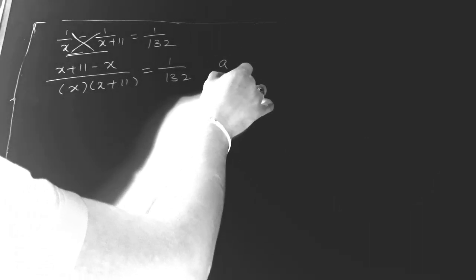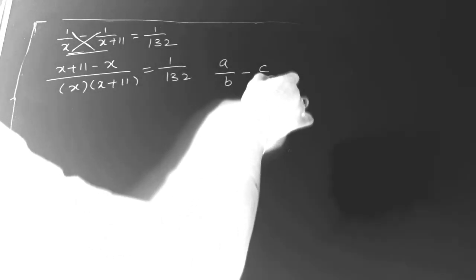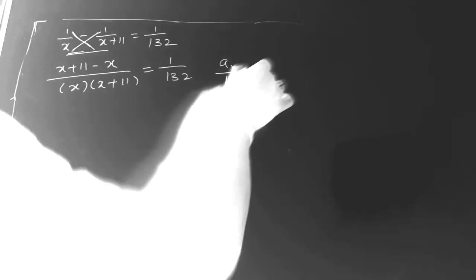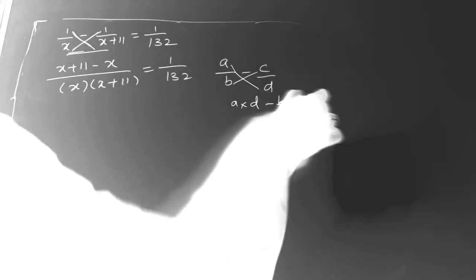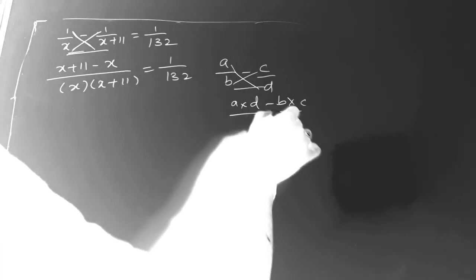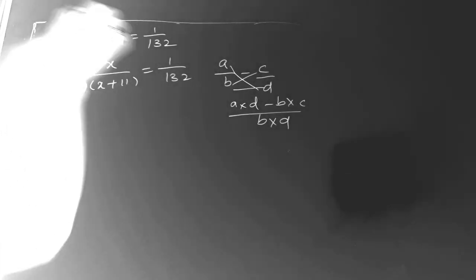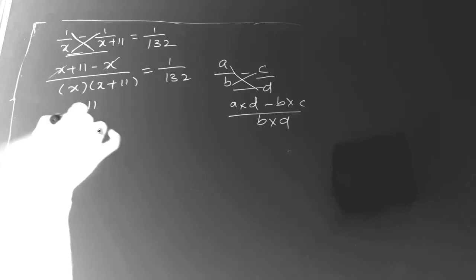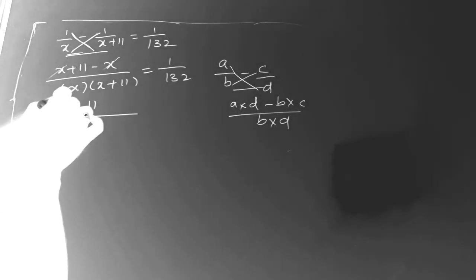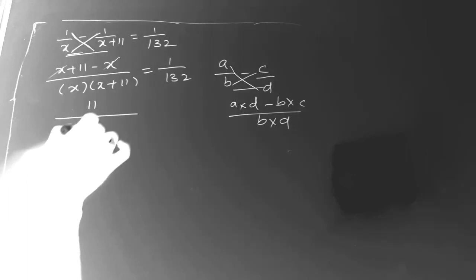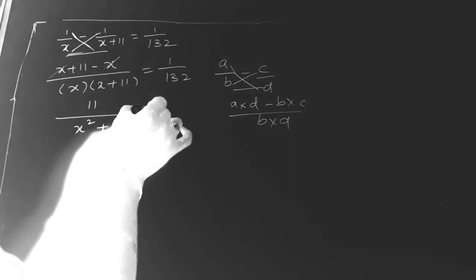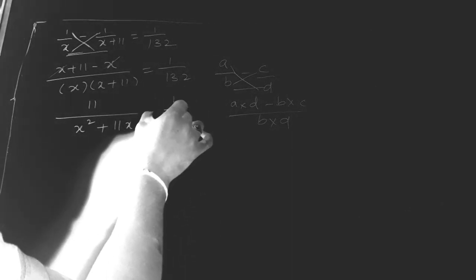A by B minus C by D is nothing but first you multiply A into D minus B into C, by B into D. That is what I applied here for the two fractions. So now you see x minus x is going to cancel, leaving 11 in the numerator. In the denominator, x into x is x square plus x into 11 is 11x. That is equal to 1 by 132.